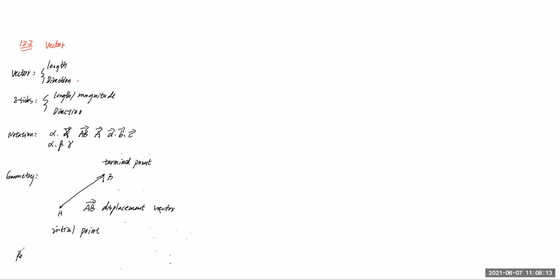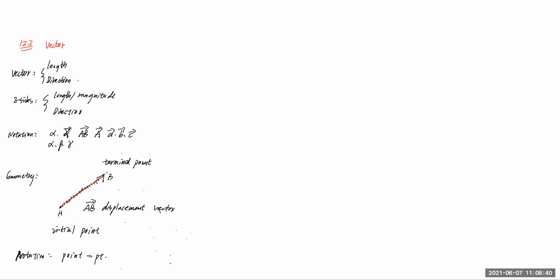Some notation, sometimes this is the point, I just write as PT for point. Anyway, that's fine. So geometrically, this is the vector, right? Maybe I just use the red one. I'll try to use less color because it's kind of confusing.